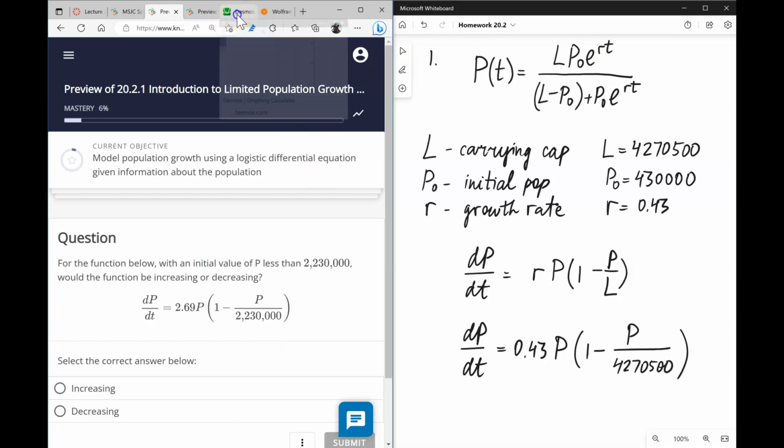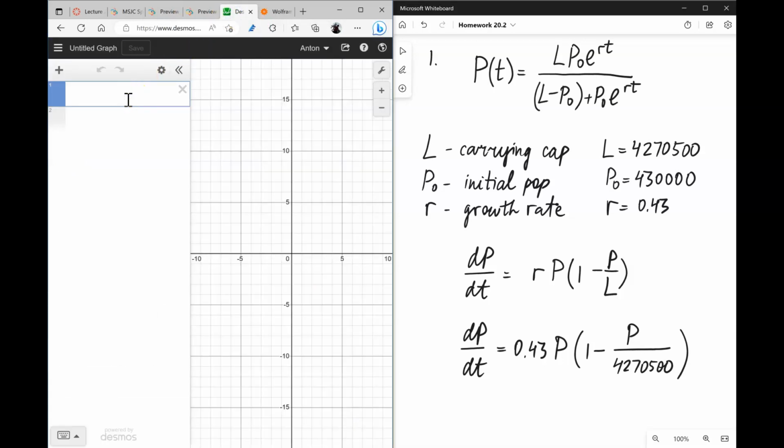Now, before we move on, let me copy this function into Desmos in case I ever need it.